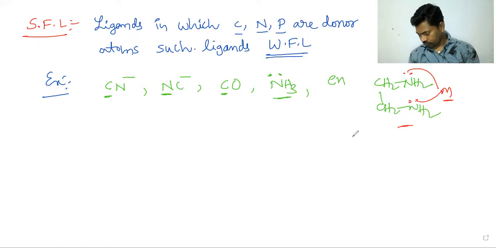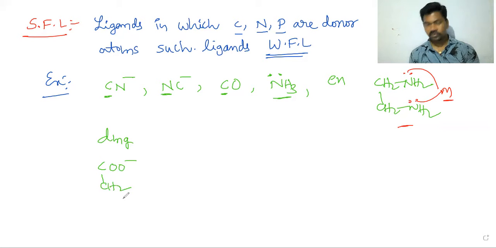Then dimethyl glyoximate, COO minus, then CH2 and NH2. In this case, nitrogen will donate electrons to the metal atom.